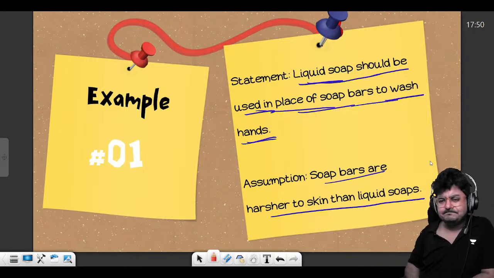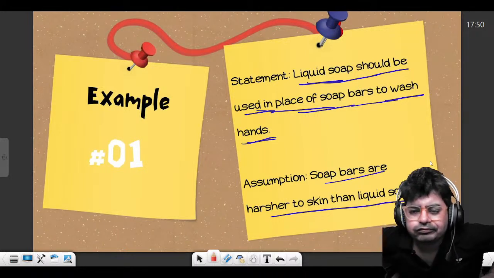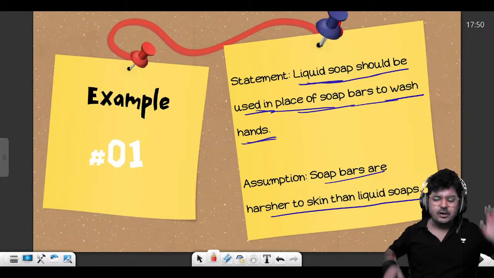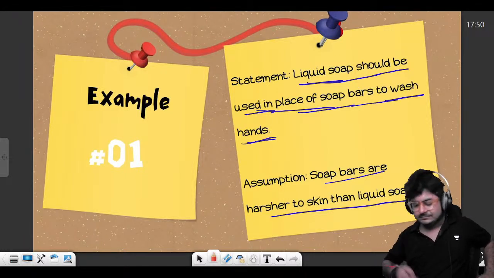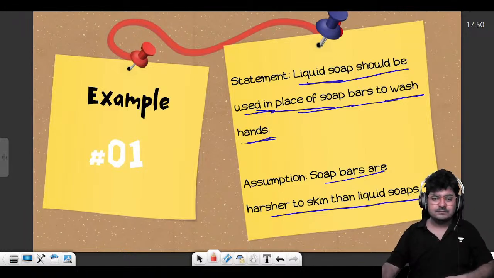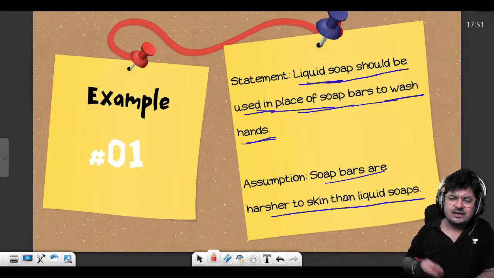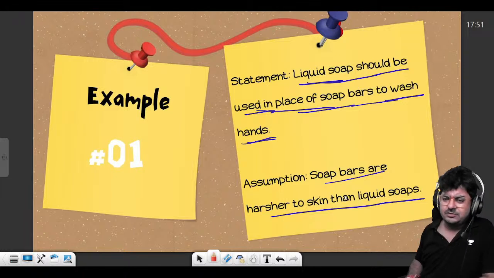What do you think? Is this true or false? Just write T or F, whatever is your answer. क्यों? ट्रू कैसे है? किसने कहा कि सोप बार्स हार्श होते हैं स्किन के लिए? बच्चों वाले साबुन यूज नहीं किए जो बेबी सोप्स होते हैं, जॉनसन एंड जॉनसन, हिमालय, लाइक दिस.